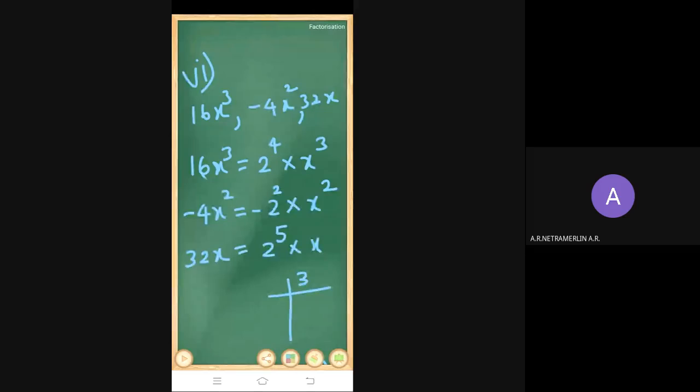You know prime factorization or not? When you divide 32 by 2, you will be getting 16. Again 2, 8, again 2, 4, again 2, 2, again 2, 1. So 2 power 5. 2 power 5 into x is the answer.